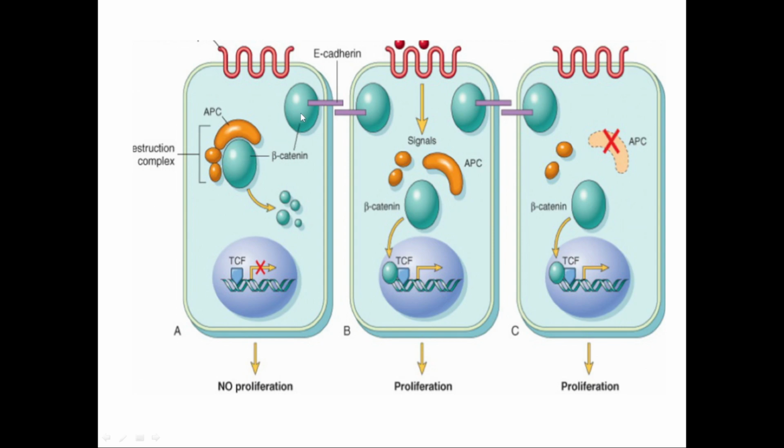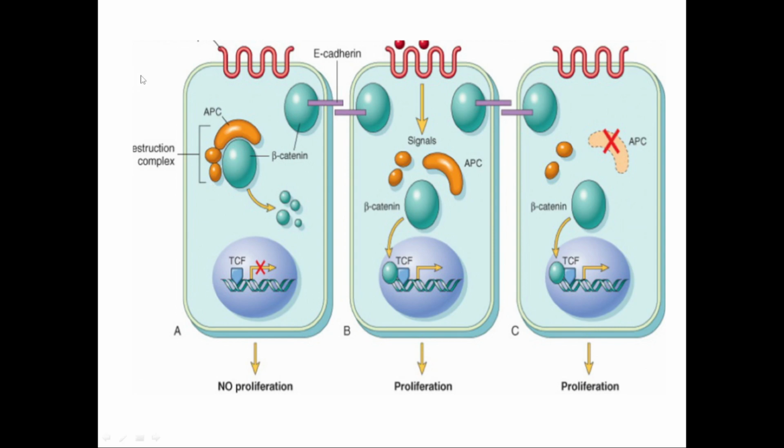What happens? Beta-catenin is a transcription factor that activates the generation of DNA, proliferation. The beta-catenin is kept under control by the APC gene under normal, quiescent conditions. The cell is not proliferating.